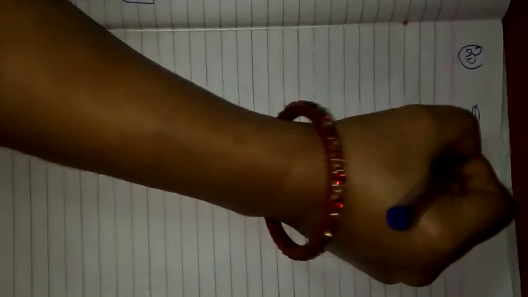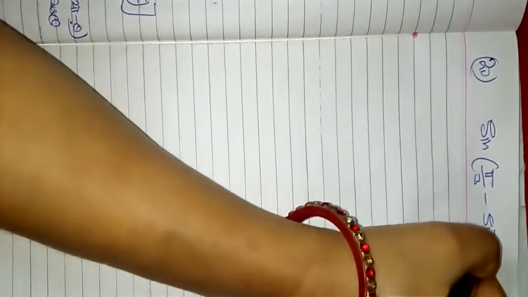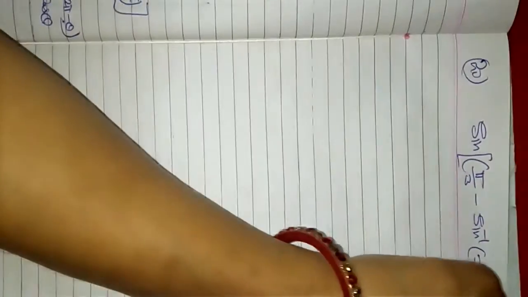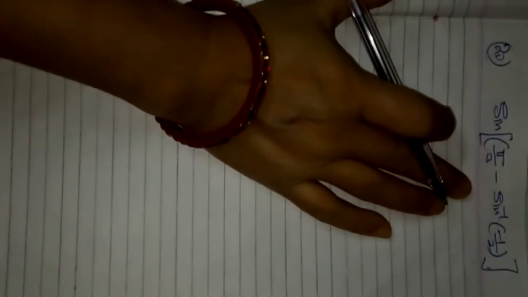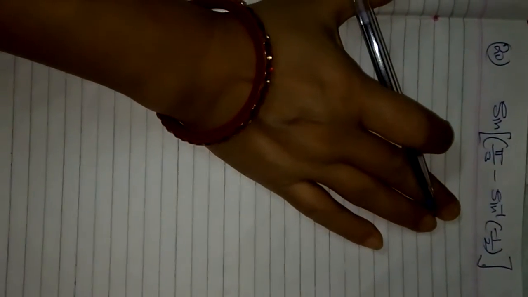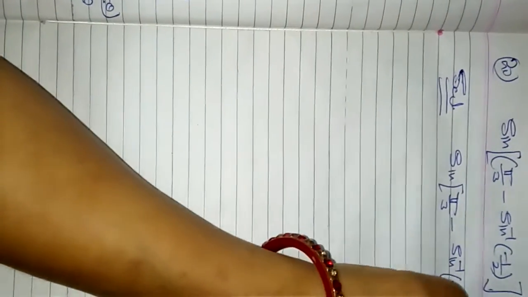In question number 20, what is the question? That is sine of pi by 3 minus sine inverse minus 1/2. Now you have to solve this value. Now let us start the solution. Sine of pi by 3 minus sine inverse minus 1/2, this is the given expression.